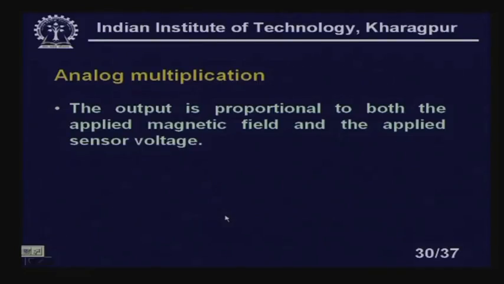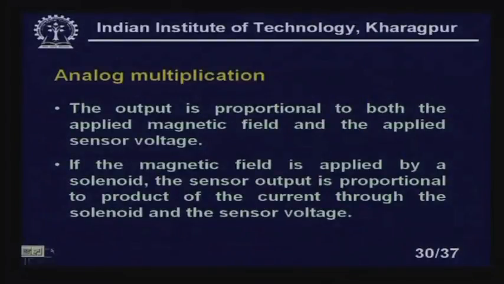Let us look at it: the output is proportional to both the applied magnetic field and the applied sensor voltage. You see the applied sensor voltage; let us go back again, sorry.